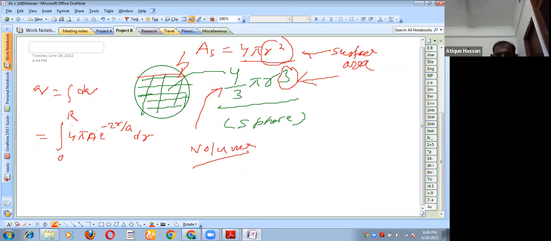We have to consider the whole sphere. Therefore, r should vary from 0 to capital R. Getting my point? So you have to integrate it. Take 4 pi a outside. The integration will be e to the power minus 2r by a dr.